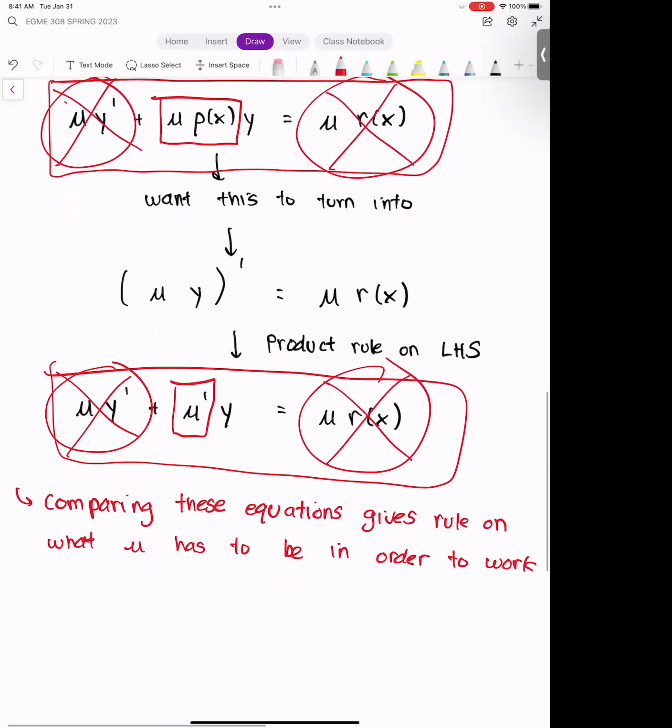Basically what I'm going to do is equate the two boxed quantities. And so we're going to say that mu, and I'll go ahead and add mu of x just to remind us that it's a function of x, mu of x times p of x is equal to mu prime.